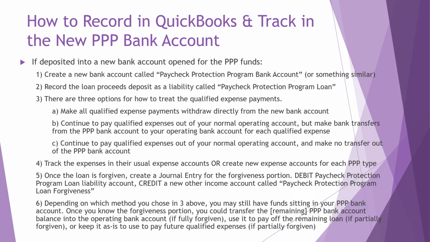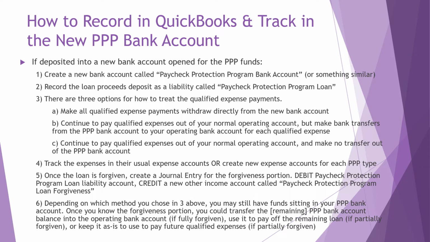And then lastly, kind of mention this, but depending on which method you choose in number 3 above, you may still have funds sitting in your PPP bank account. Once you know the forgiveness portion, you could go ahead and transfer any remaining PPP bank account funds that are still there into the operating bank account. So if it's fully forgiven, your PPP bank account should be at 0, so you could just move everything into the operating bank account.